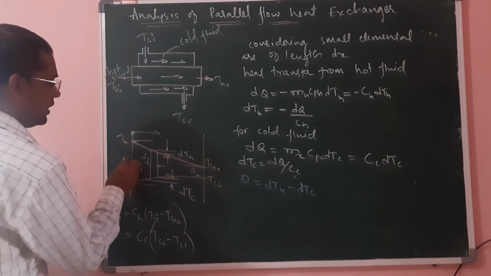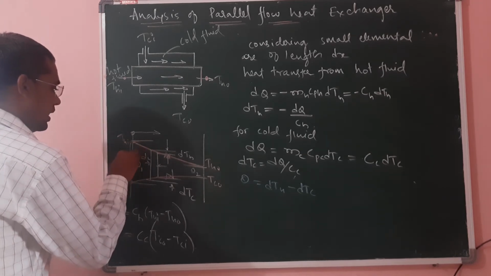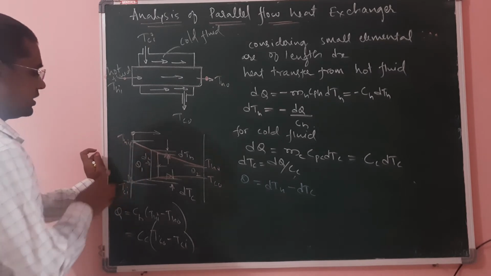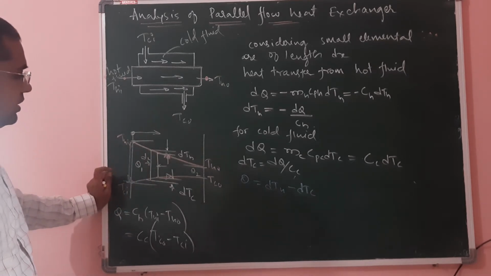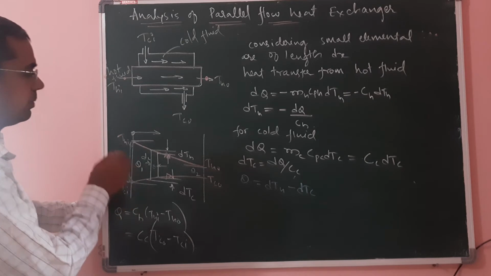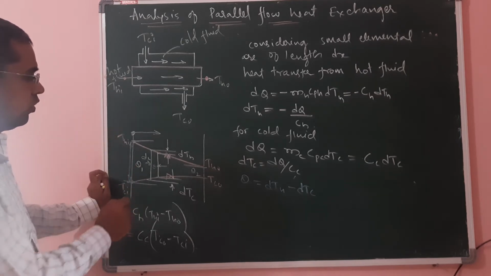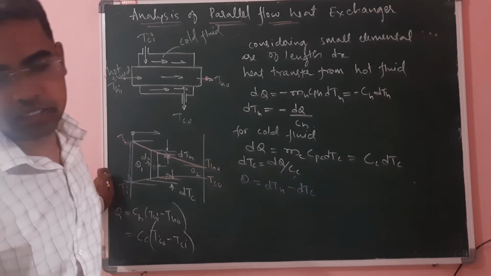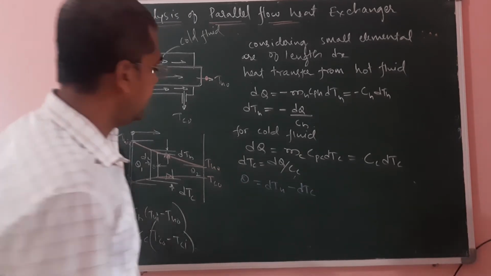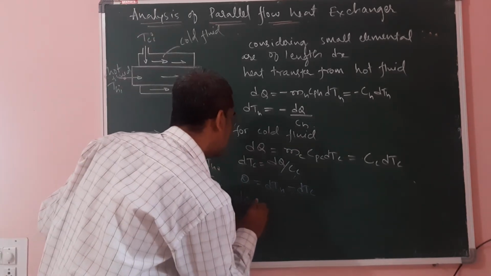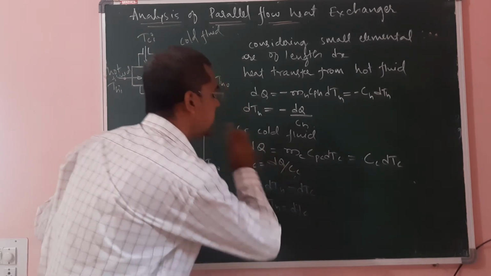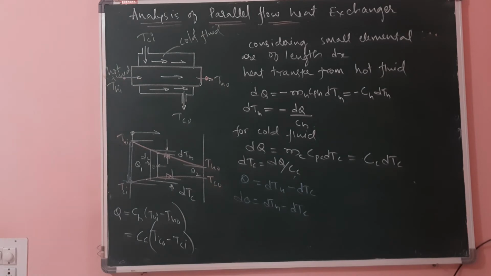Theta 1 is the temperature difference at the inlet, that is Thi minus Tci, and theta is the small temperature difference between the hot fluid and the cold fluid at this area. Therefore, d theta is equal to dTh minus dTc.